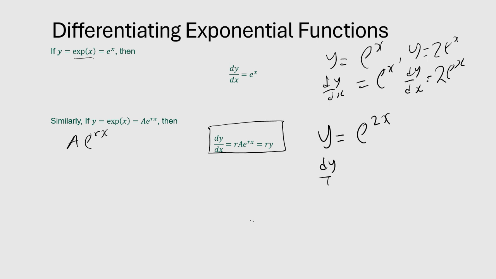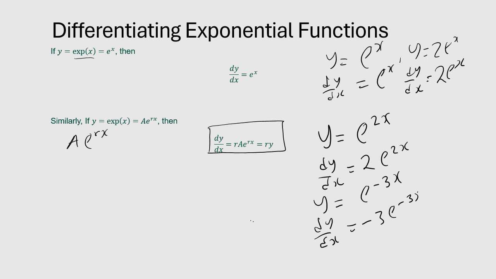So what it is saying is that dy over dx is just take this constant, the coefficient of x, back here and write exponential 2x. That's all. So it's just 2y. Similarly, if you have y equal to exponential minus 3x, then dy over dx is just take the constant here, minus 3 exponential minus 3x.